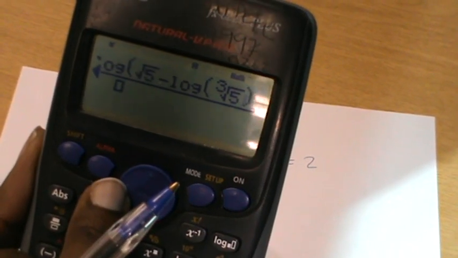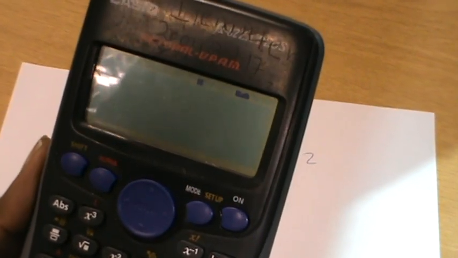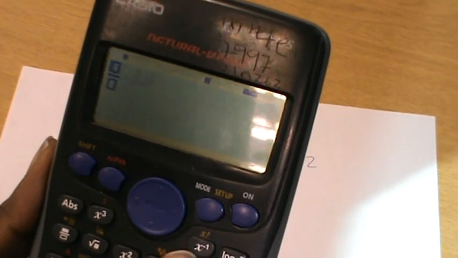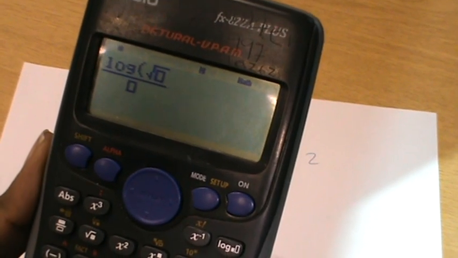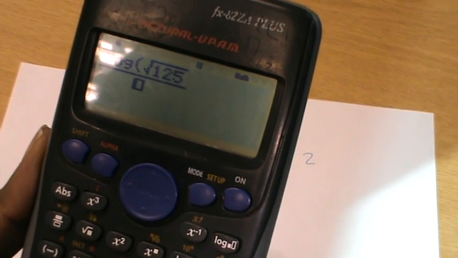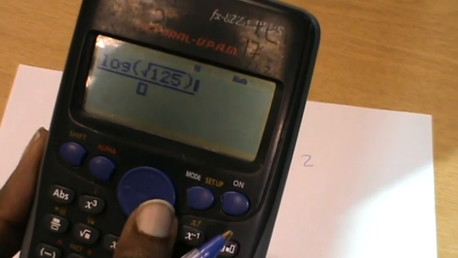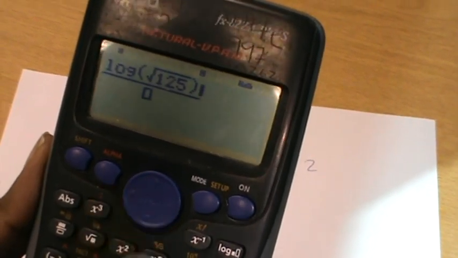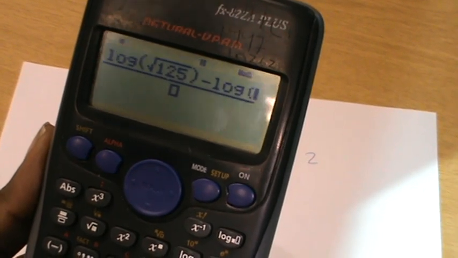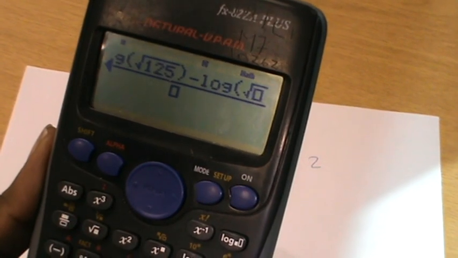Did I type this incorrectly? No, I don't think I did. I'm still okay, so start again. Okay, so I have a fraction. This is log of the square root of 125, and then minus log of the square root of 5.